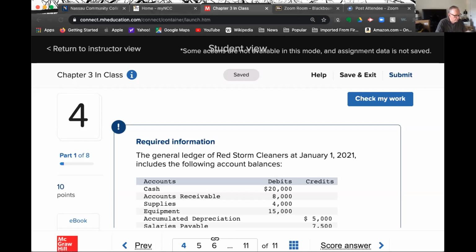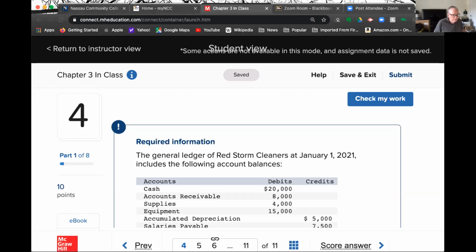It's the 4th problem we have, but it's problem 3-8 in the book. And I like this problem because it reviews everything that we've done from the beginning.